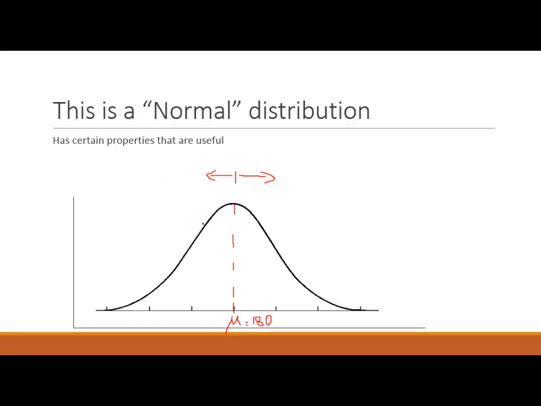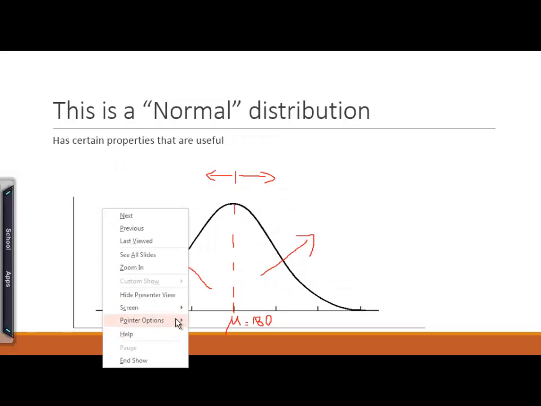So if I pick a person at random, there is a 50% chance that they're going to come from this area. And if I pick a person at random, there's a 50% chance that they're going to come from this area. Why? Because 50% of the population is heavier than 180 pounds and 50% of the population is lighter than 180 pounds. All right, now we can do more interesting things than this.